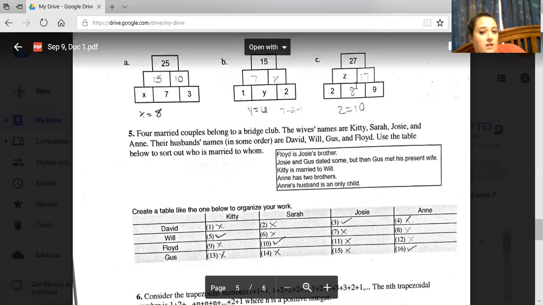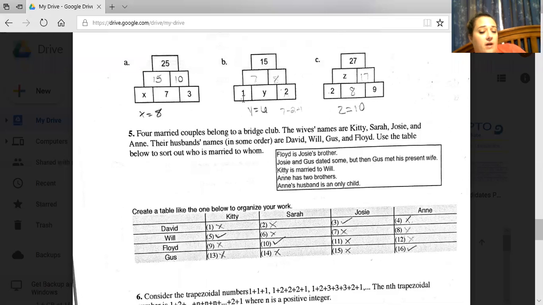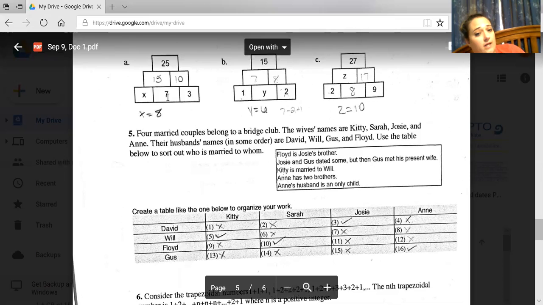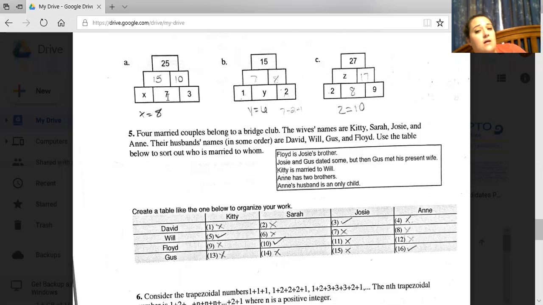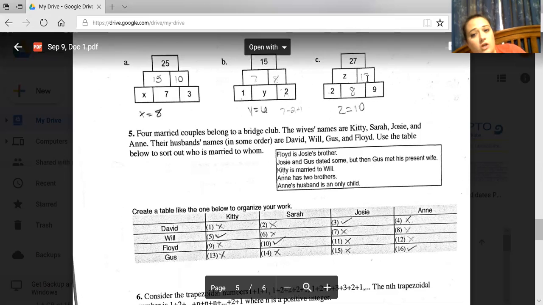So 15 minus 2 minus 1 would be 12. And divide that by 2 would be 6. And then 25 minus 7 minus 3 is 16. And I divided that, and it came up with 8. So on 27 minus 9 minus 2, my answer was, again, 16.